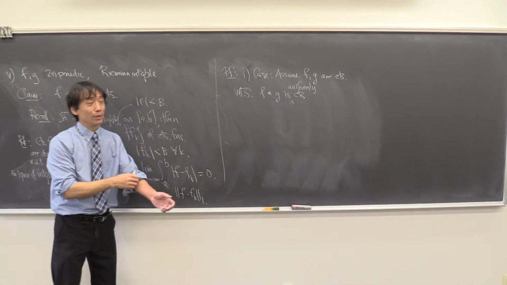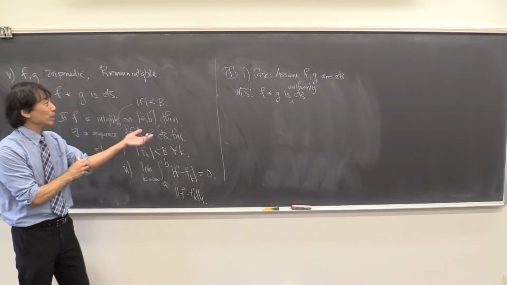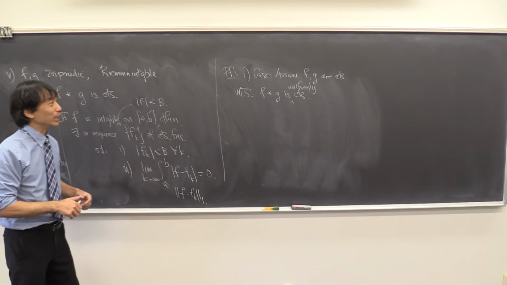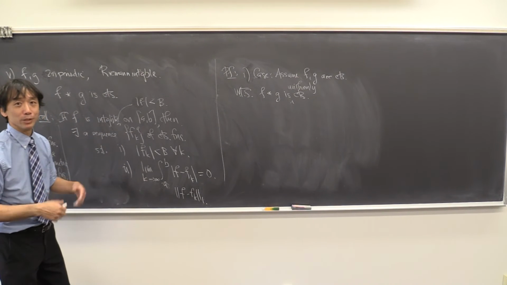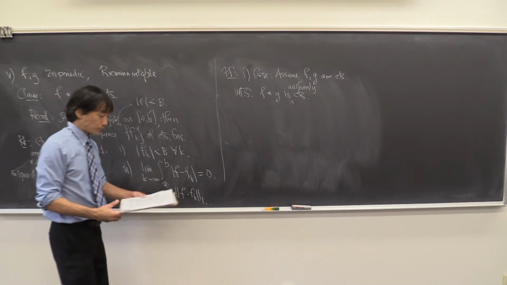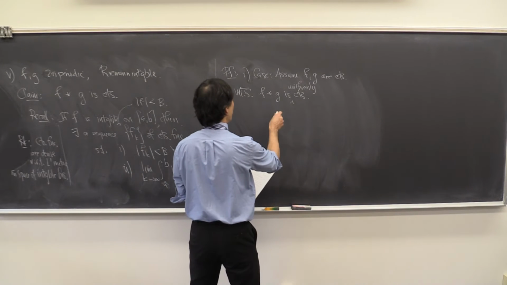It's easy enough, and of course it's true because we're on an interval, so we're on a compact set. So continuous implies uniformly continuous. Continuous is equivalent to uniformly continuous. So we want to show that this is uniformly continuous.